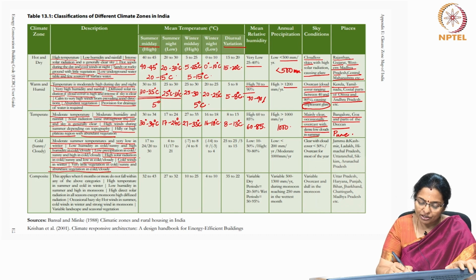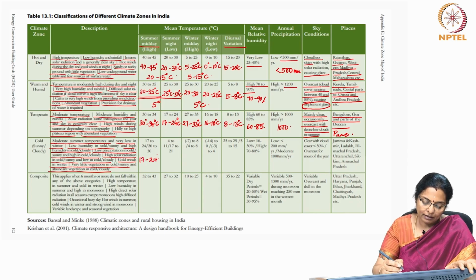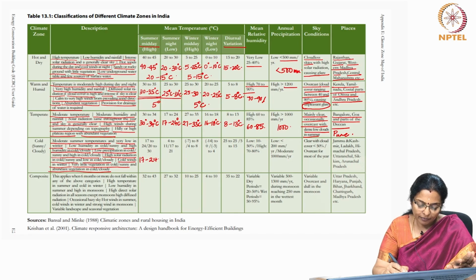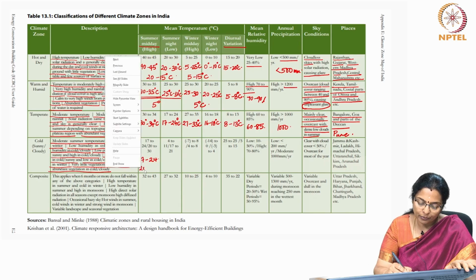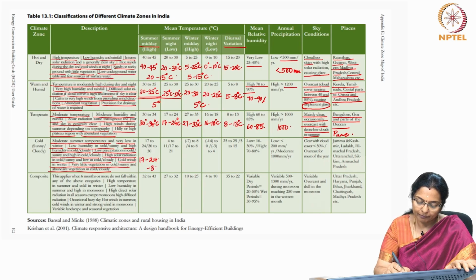Summer midday temperature in cold and sunny ranges between 17 to 24, and in cold and cloudy between 20 to 30. Mean night temperature in cold and sunny is between 4 to 11 degrees centigrade, and 17 to 21 degrees centigrade in cold and cloudy.